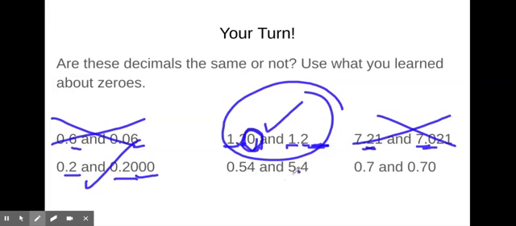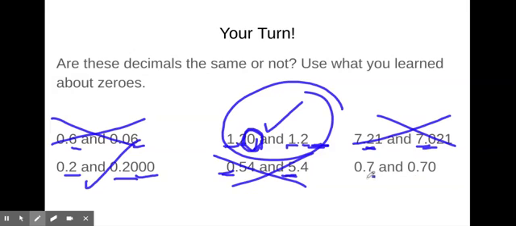54 hundredths and 5 and 4/10. We can look at these by comparing their places. In the ones place, this first one has a 0, and this second number has a 5. Obviously, these are not the same because 0 and 5 are not the same. So these are not the same decimal.